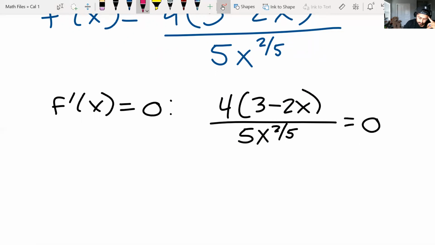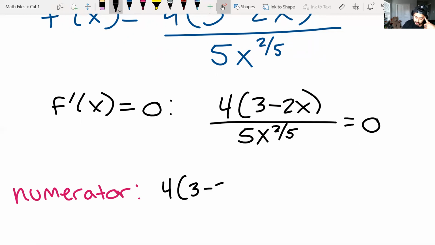Numerator: I take 4 times 3 minus 2x and set it equal to 0. I don't need that 4, I divide it off.